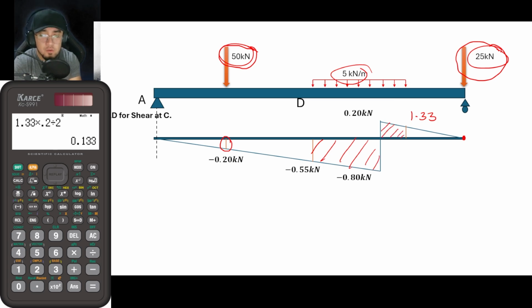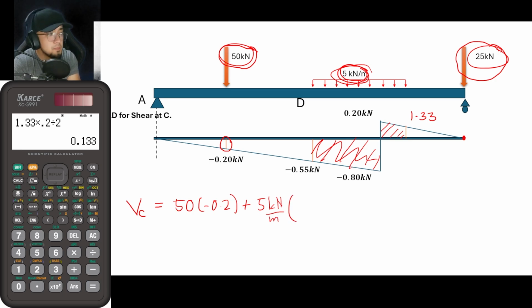Okay? So from that, guys, the shear at C is now equal to 50 times negative 0.2. Then I will be multiplying this value, 5 kilonewton per meter, to this area here. So, plus 5 kilonewton per meter times the area of the trapezoid.